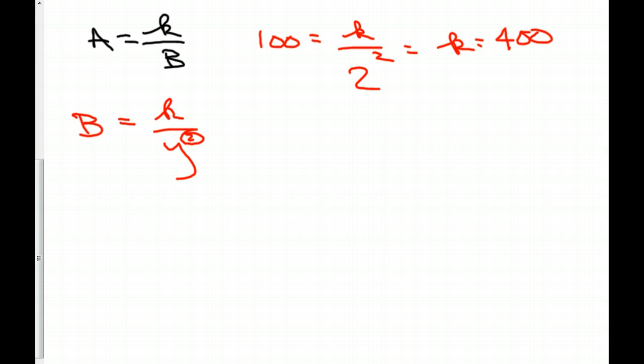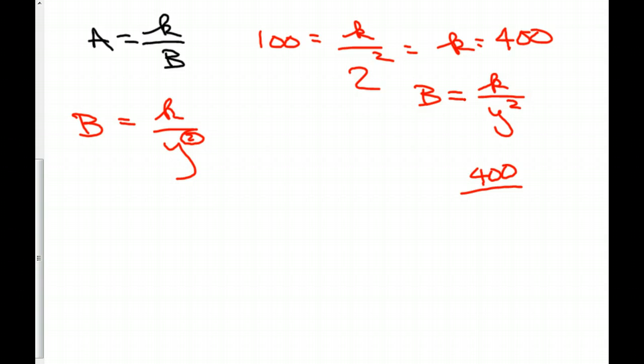So K is 400. All right, so now we have our equation, B equals K over Y squared. But we know what our K is, so we can put a 400 there now. And what does it ask for? It gives us 10 yellows. What are we going to do with 10 yellows?